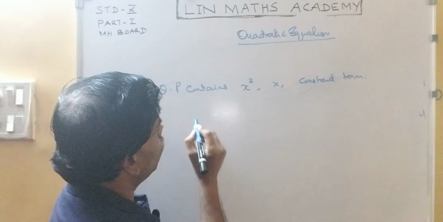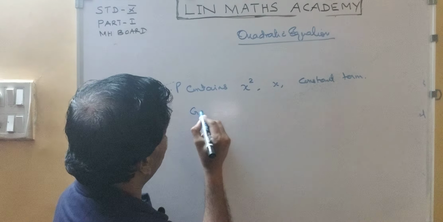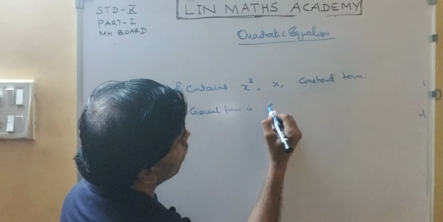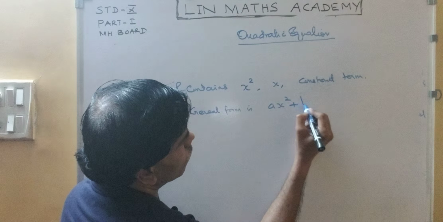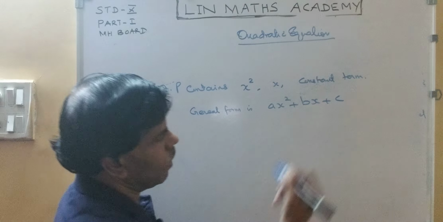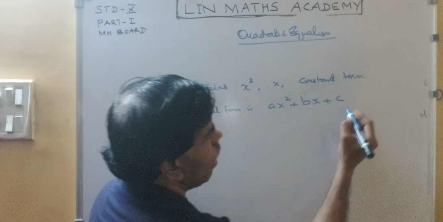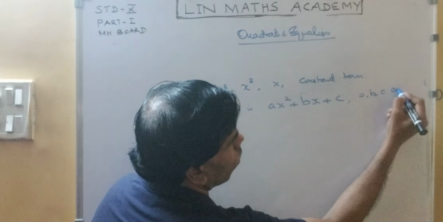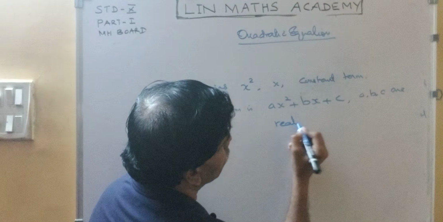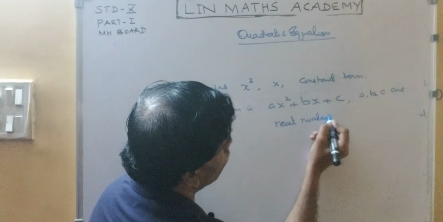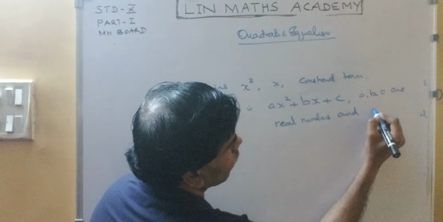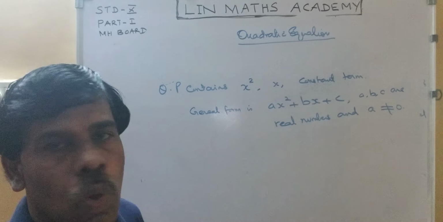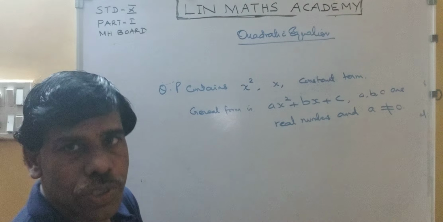Okay. So the general form is ax square plus bx plus c, where a, b, c are real numbers and a cannot be equal to 0. Why can a not be equal to 0? Now look at this.